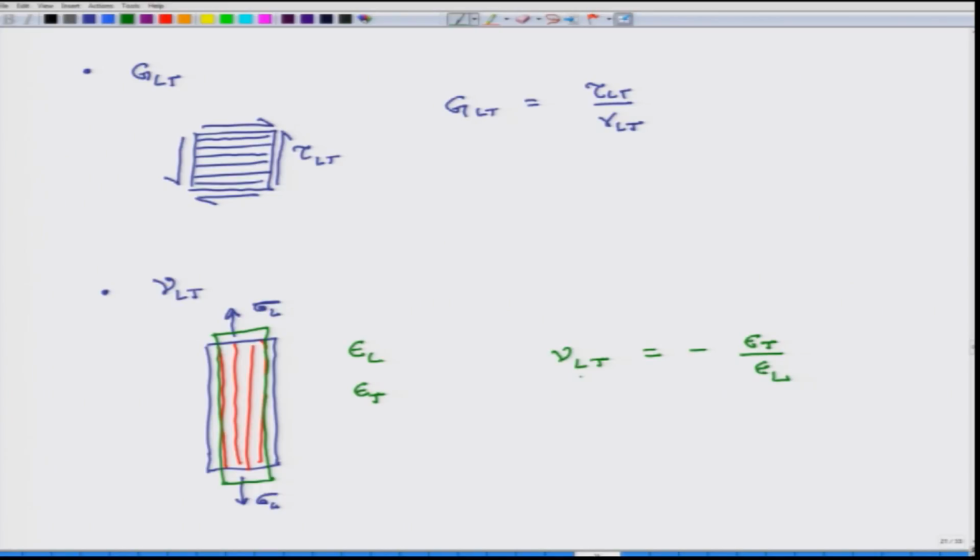And this Poisson's ratio nu LT has two subscripts. The first subscript L is the direction of loading, and the second subscript T is the direction of Poisson's strain.